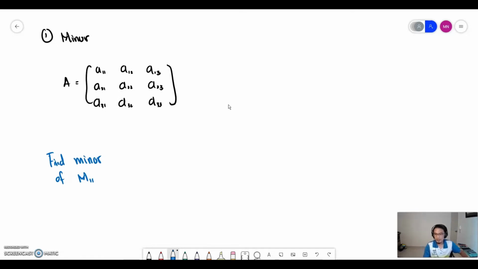Okay, so in order to find that, I will look at the element A11. From the element A11, I will delete the row of the element, and I will delete the column of the element. So what is left is A22, A23, A32, and A33.